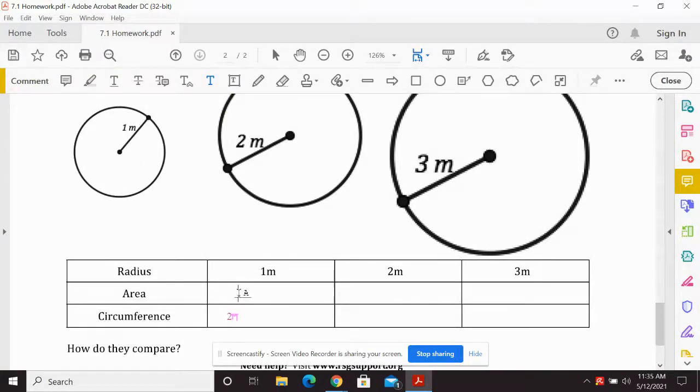So you just have 1 pi, which is just pi. Then you do the next one. And then you do the next one.